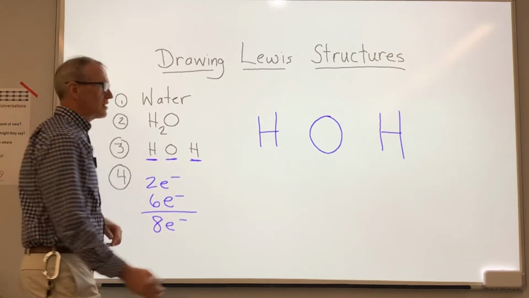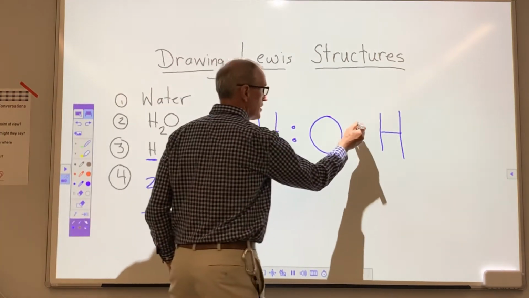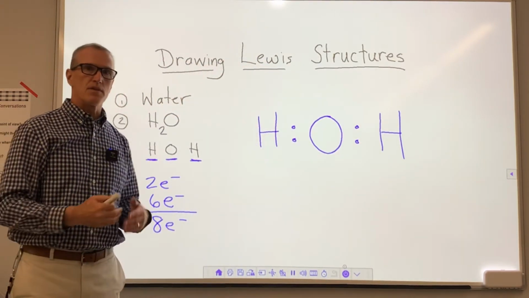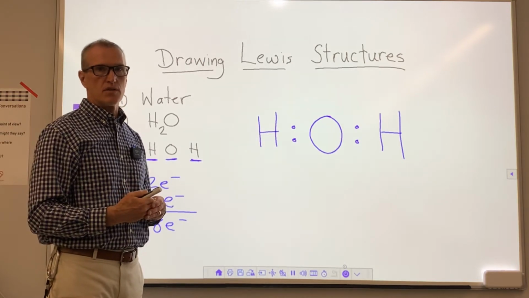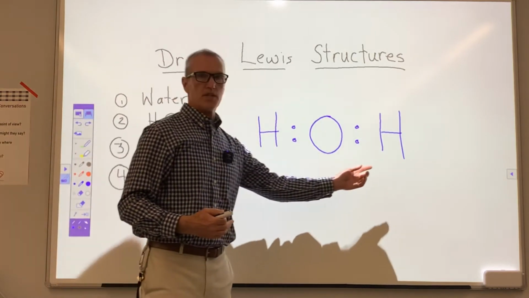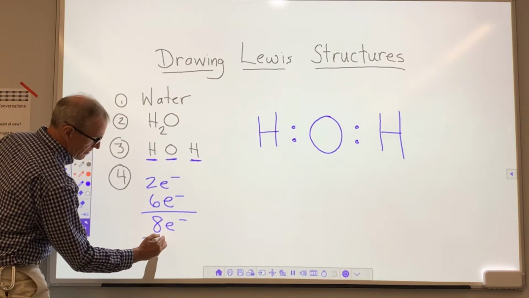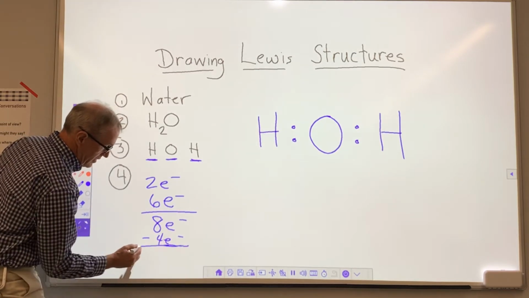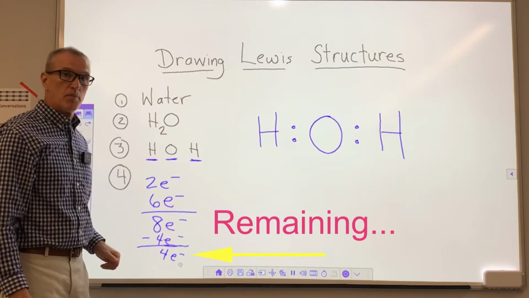I'm going to start by putting a pair between the atoms because I know I can assume that there's at least a pair of electrons shared between the hydrogen and the oxygen here and the hydrogen and oxygen here. So that uses up 4 of our jelly beans and leaves us with 4 additional jelly beans in our pile.